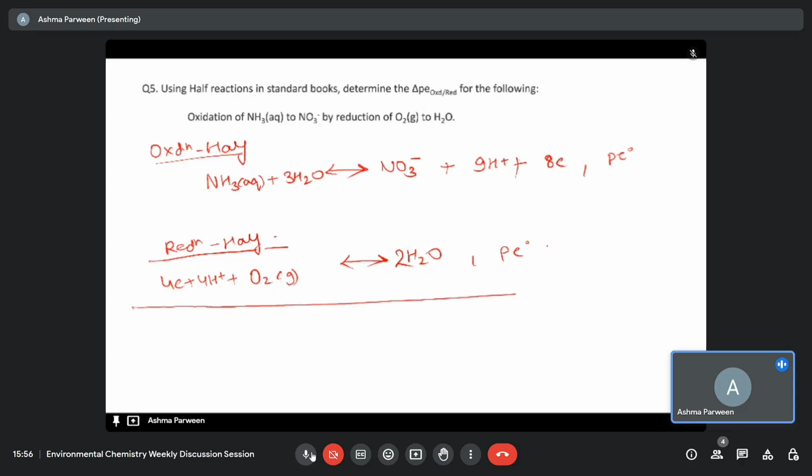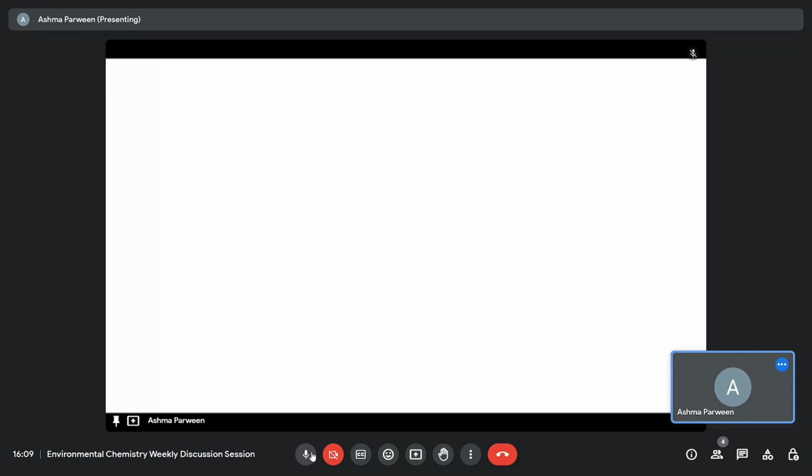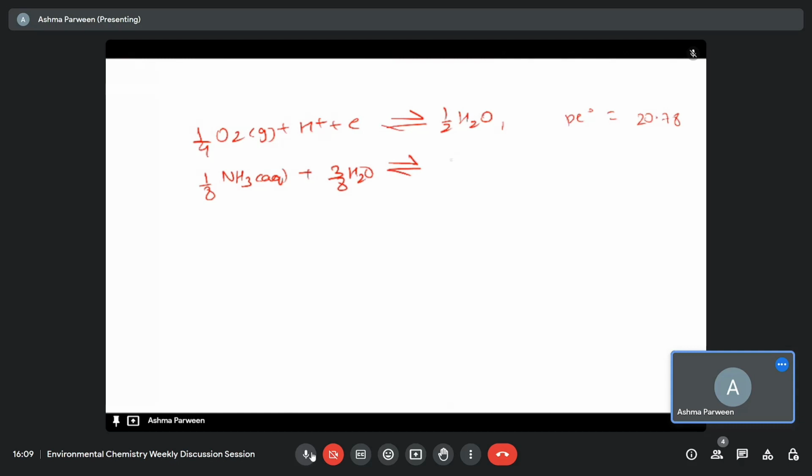For the reduction of O2 gas to H2O, the value of pE naught is 20.78, and for NH3 aqueous to nitrate, the value of pE naught is minus 13.78.